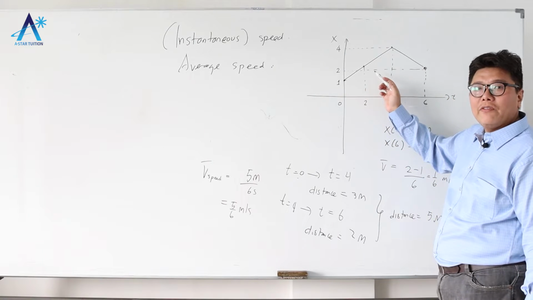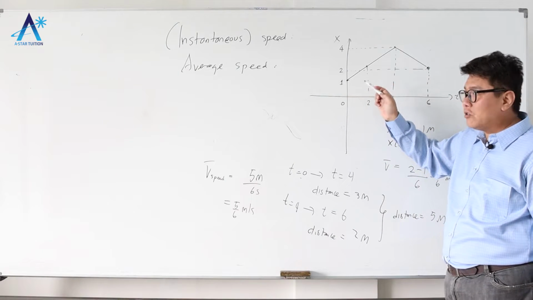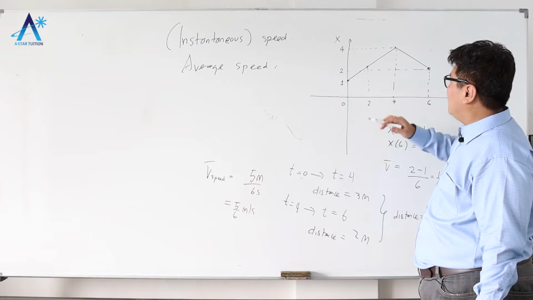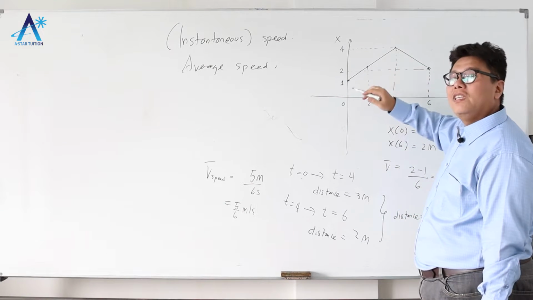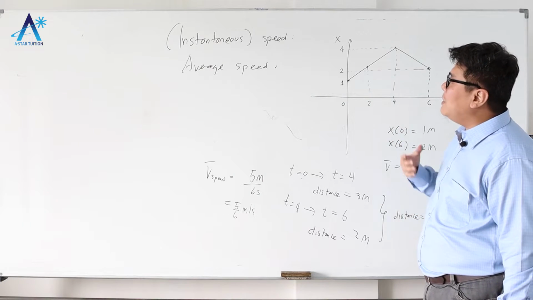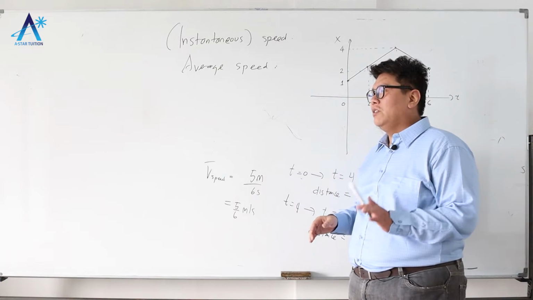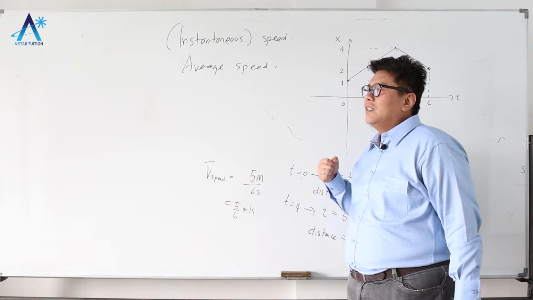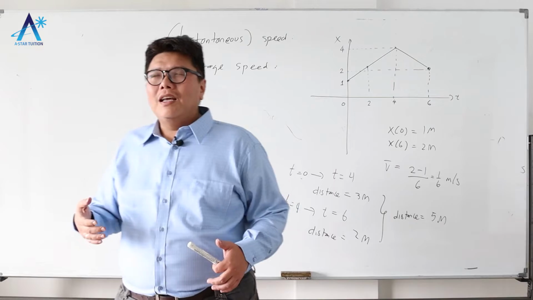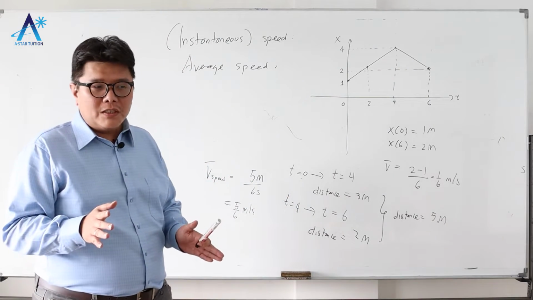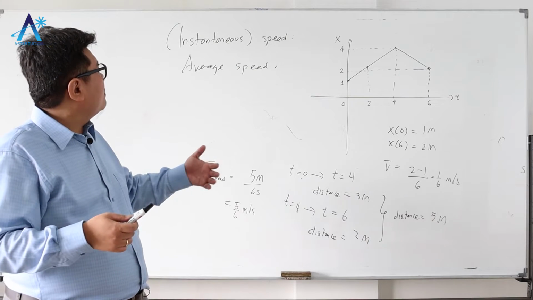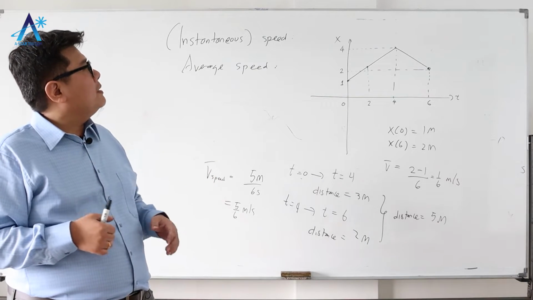But since the graph itself is already a straight line, we only need to find the slope of this straight line. So we don't really have to draw a tangent line. So similar to average velocity, it's really about how fast a particle is moving at a certain time.